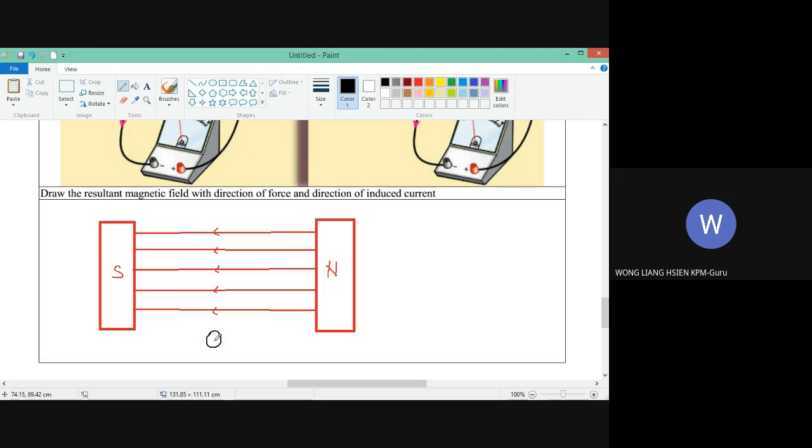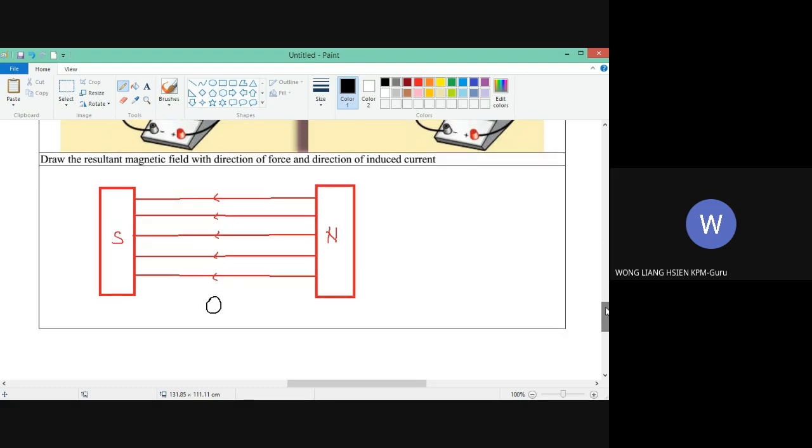Now when we move the conductor into the magnetic field, that means we cut through the magnetic field. After cutting through the magnetic field, inside the conductor will have induced EMF. And then the induced EMF will produce induced current.